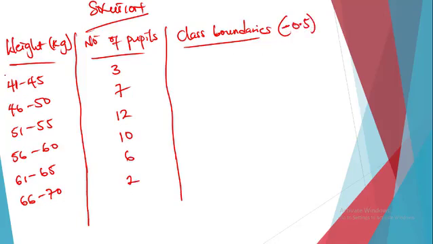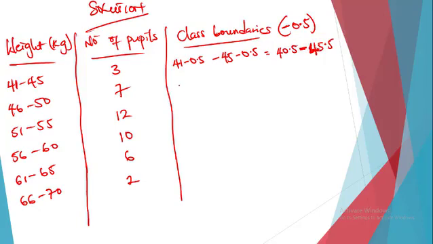So you have 41 minus 0.5, and 45 plus 0.5, and that will give you 40.5 to 45.5.